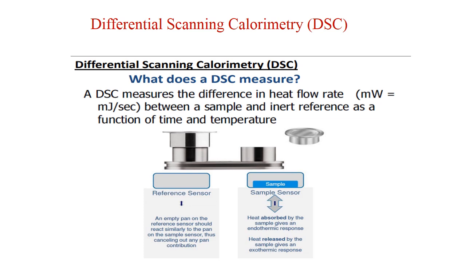Similarly, after TGA and DTA, we have another kind of thermal analysis called DSC, differential scanning calorimetry. When we talk about differential scanning calorimetry, it measures the temperatures and heat flow associated with temperature transitions in a material.